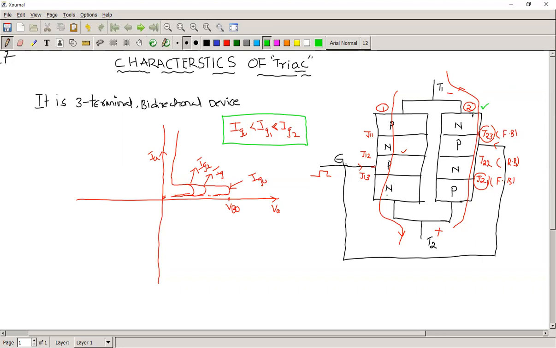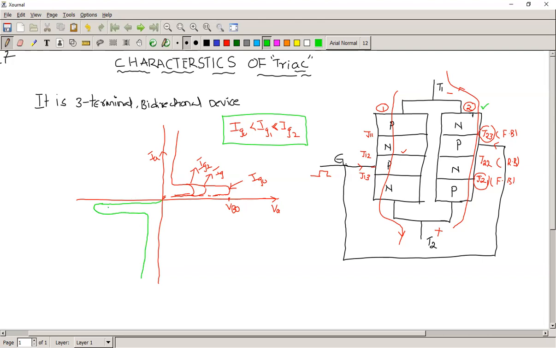If you are not applying any gate voltage, then initially a very small amount of leakage current is passing here in this manner. Once the junction J22 breaks down, the voltage across the device decreases and the current increases.